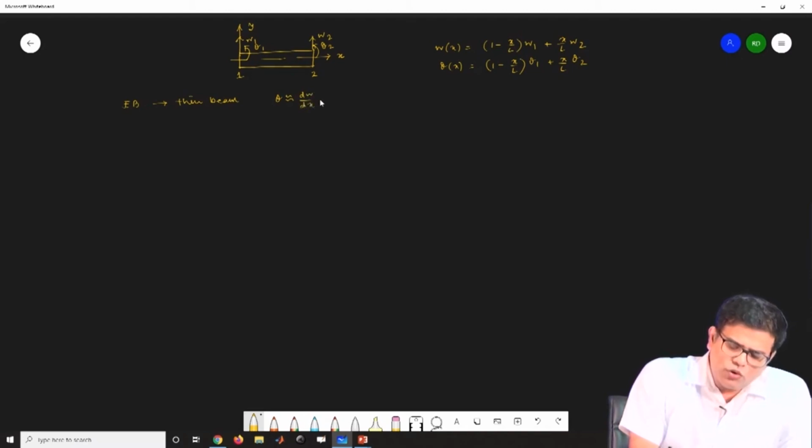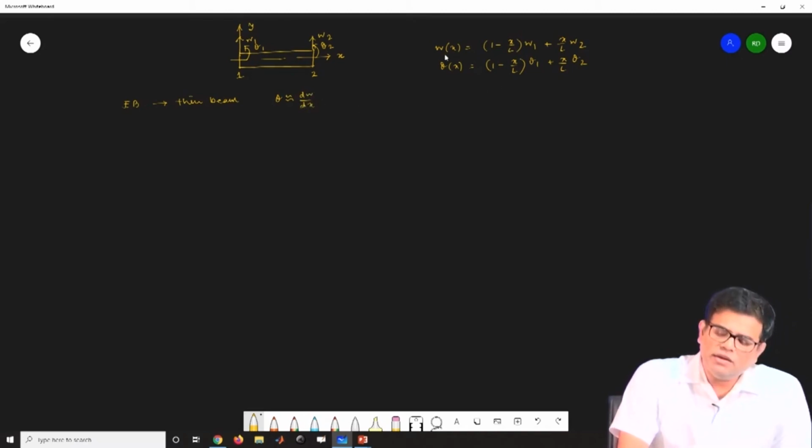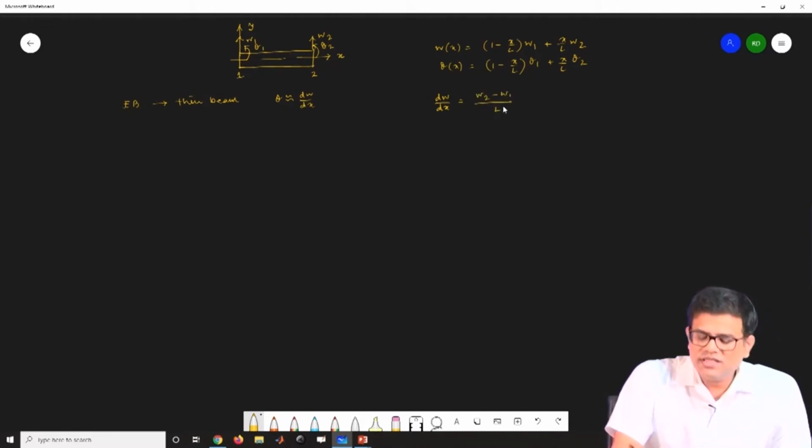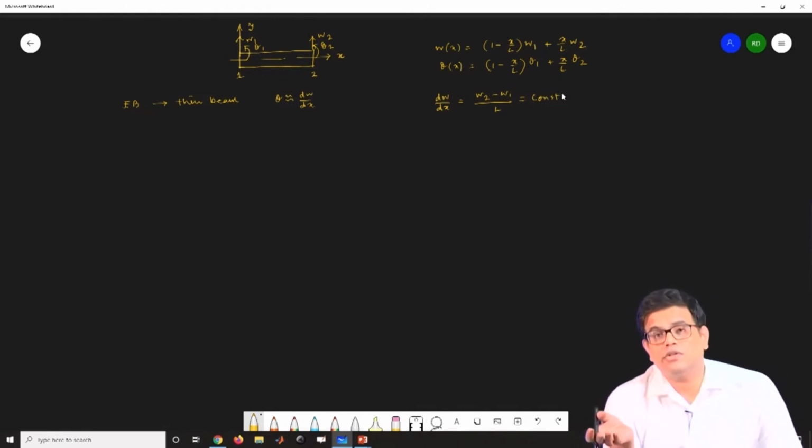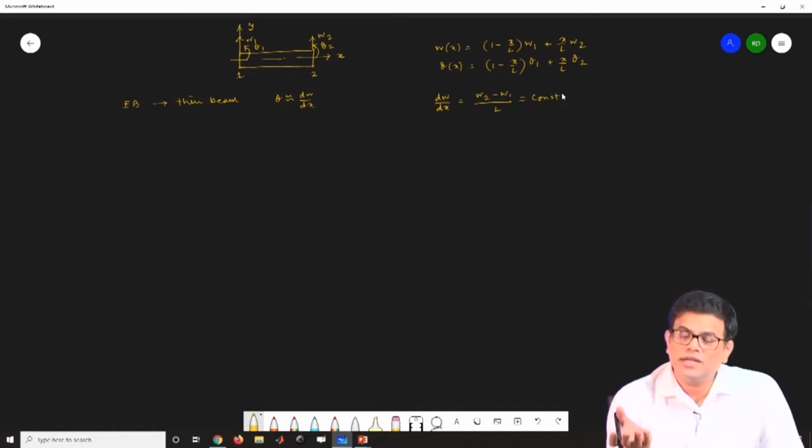Now, if you take the derivative of this interpolation, dw by dx is W2 minus W1 by L. So, this is a constant, while your theta is a linear variable. So, element-wise displacement derivative is constant, while the theta variable is linearly interpolated.